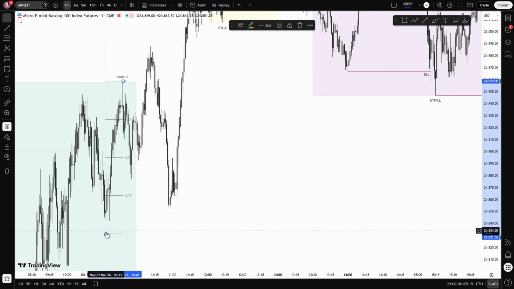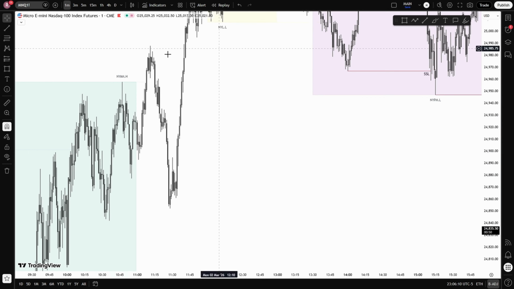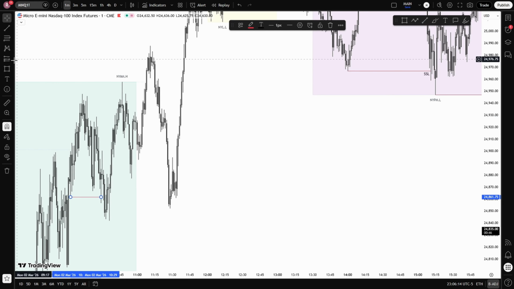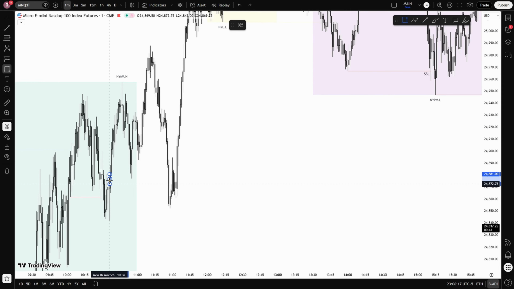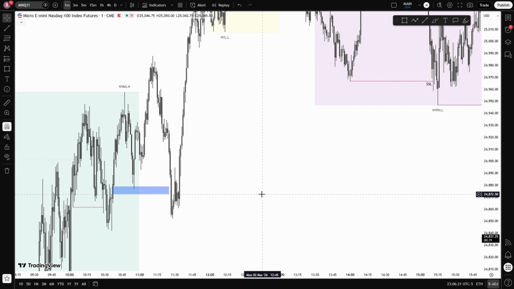It moves from external range liquidity to internal range liquidity, then back to external range liquidity. High to imbalance, imbalance to high, low to imbalance, imbalance to low. Once you understand this rotation, you stop randomly drawing levels and instead start anticipating where price is likely to draw next. Now let's hop into the charts and go over some real examples of how price moves from external liquidity to internal liquidity and back again.